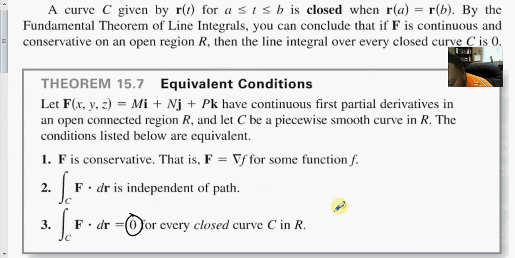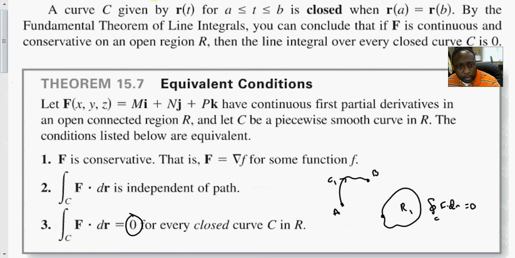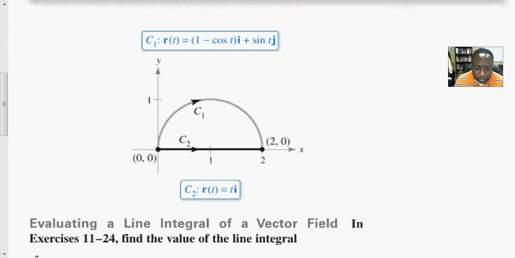We're used to investigating paths from A to B like that. But what if you have that? Well, here the line integral is equal to 0 for this particular region.